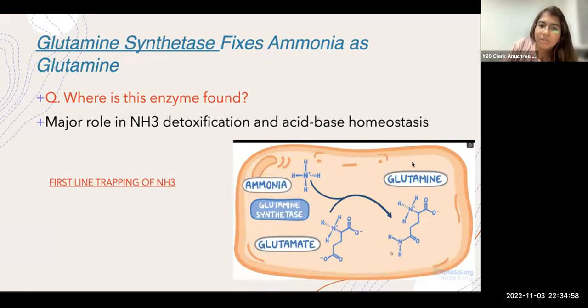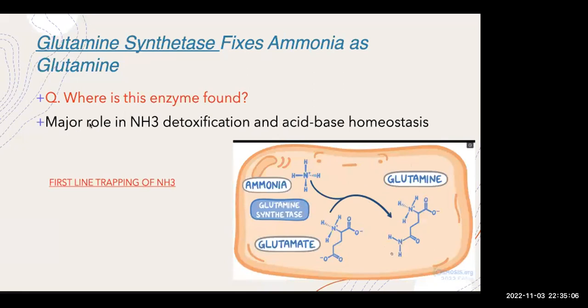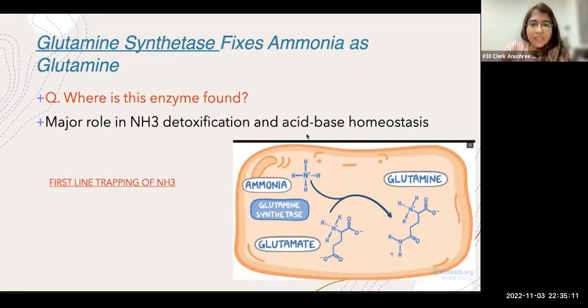So glutamine goes to your blood and to your liver. Then glutamine is again converted back to glutamate. Okay. So it has a major role in ammonia detoxification and acid-base homeostasis. Remember this line from this whole, it is the first line trapping of ammonia. Okay.